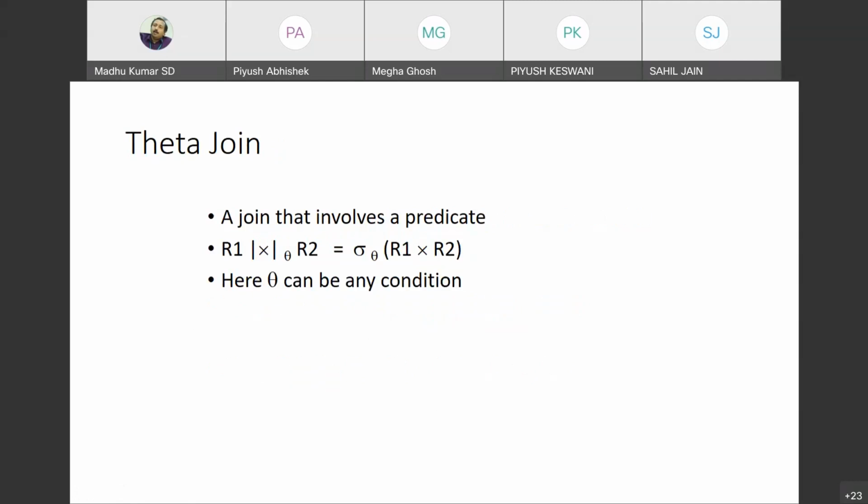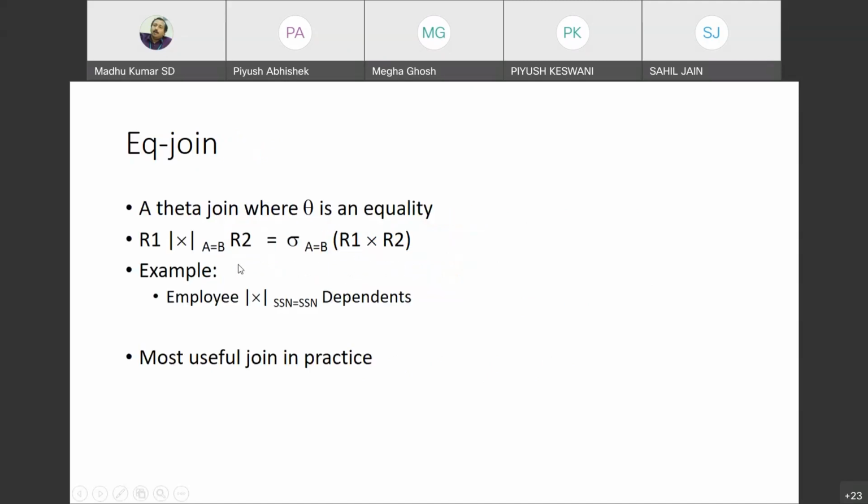Now, theta join is another variation of join operator where you apply a condition theta on the Cartesian product. So R1 theta join R2: first you take the Cartesian product of R1 and R2, then apply the condition theta. All right. Now, EQ join is another variation of the join operator where the condition theta is actually equality.